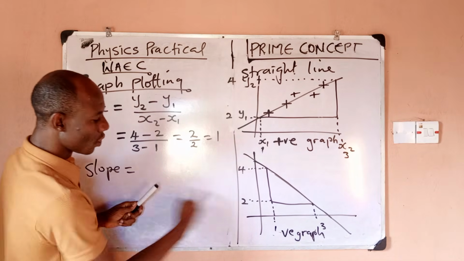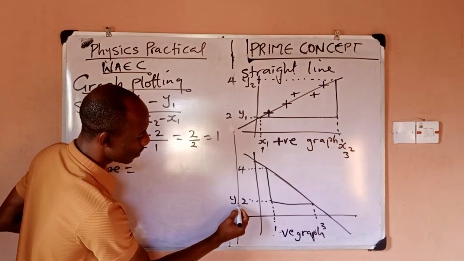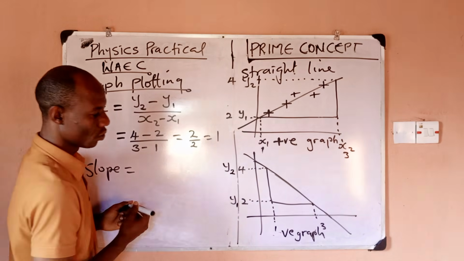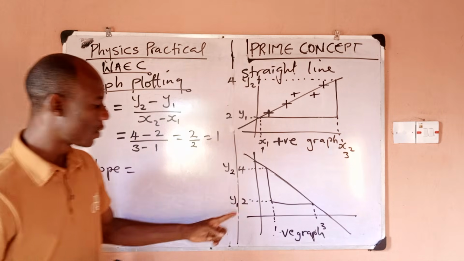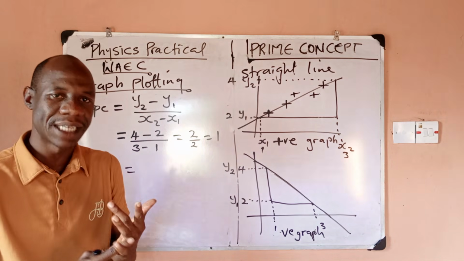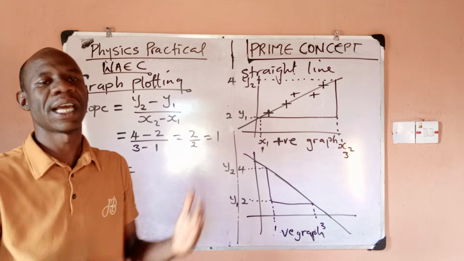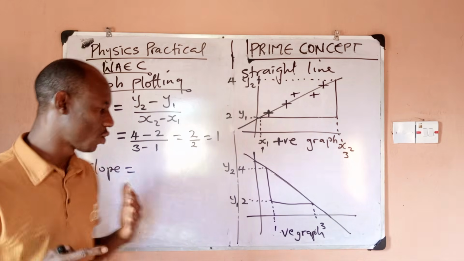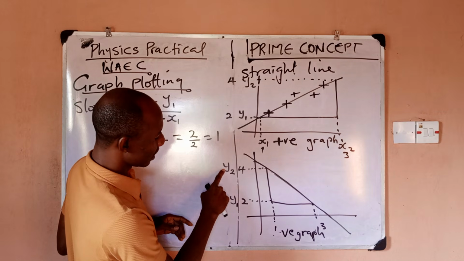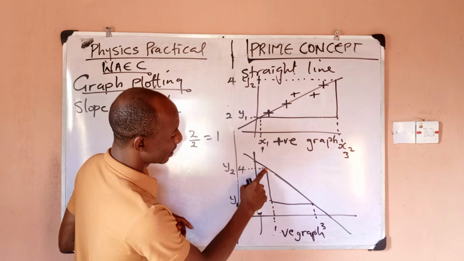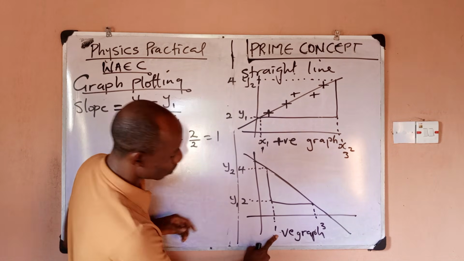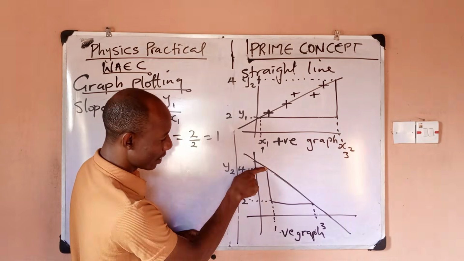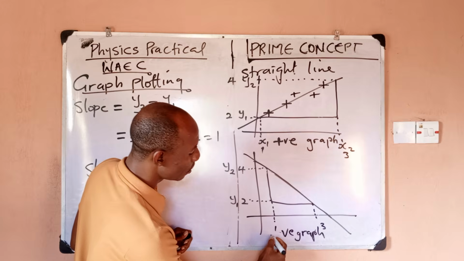If you call this place y1, this place is y2. One of the things you should know about locating points is that y1 would always meet with x1. y2 would always meet with x2. So let us check. This is y2. If you trace it and bring it down, where it meets should be your x2.